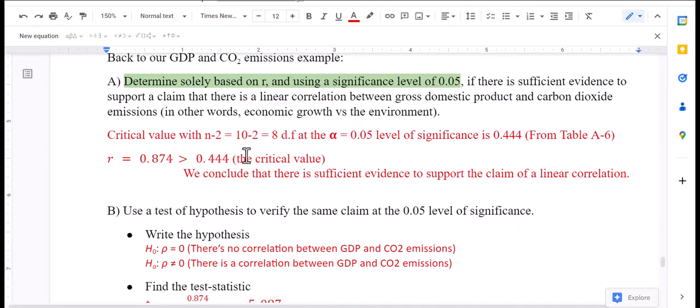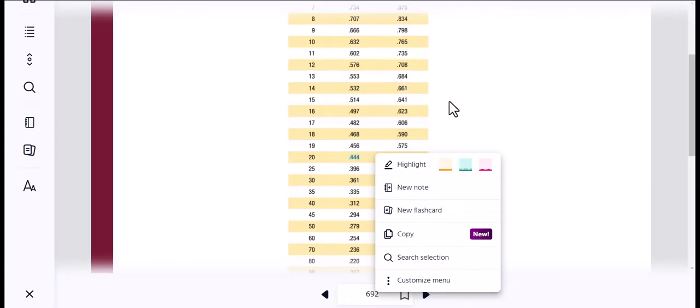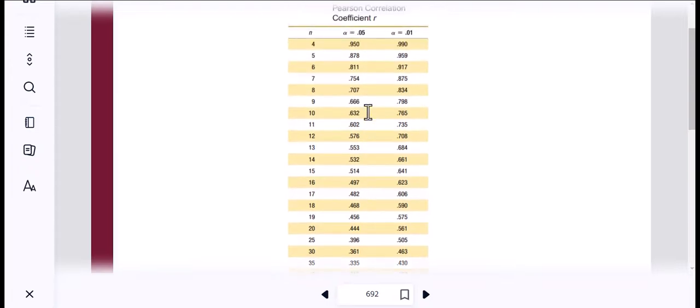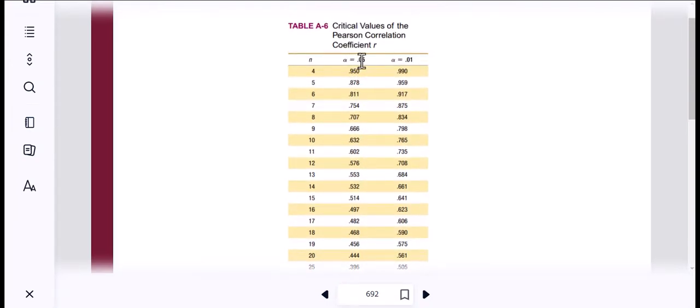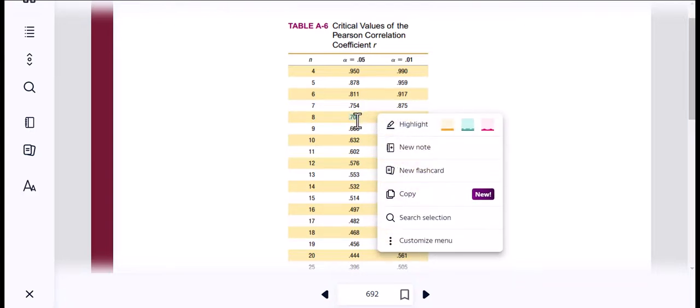Does this change? Let me go back and look. When I look at our table, we're still looking at the 0.05 level of significance, but now our degrees of freedom are 8, so 0.707 is actually our critical value.